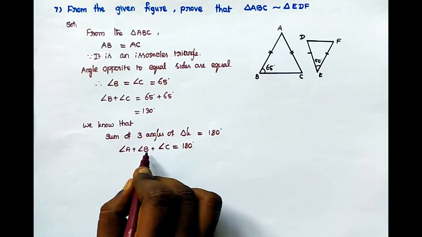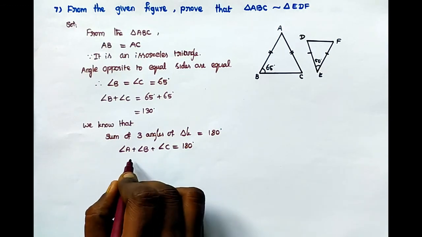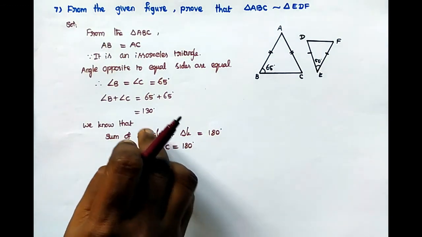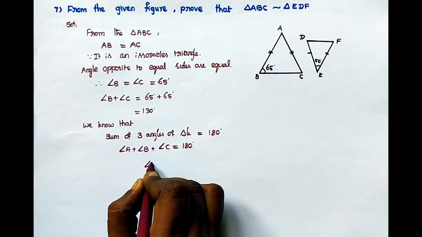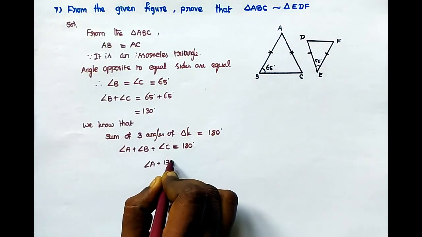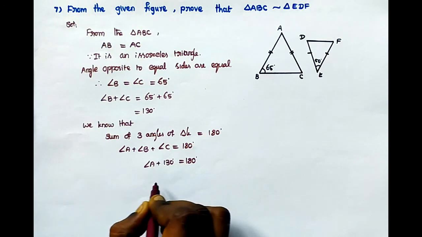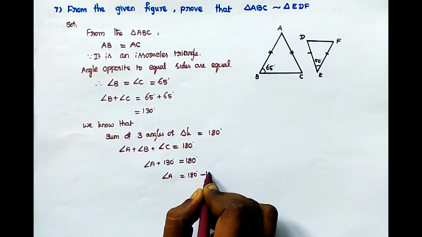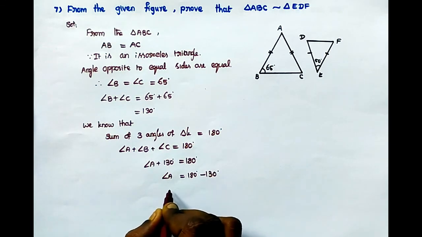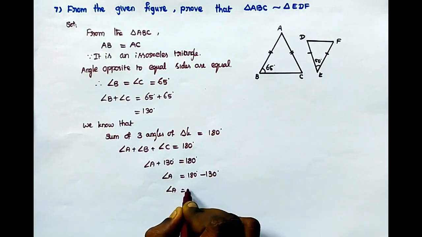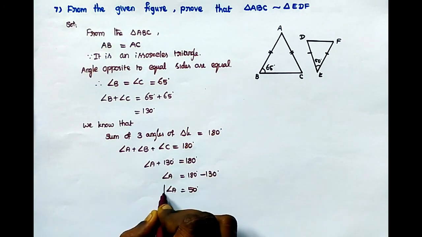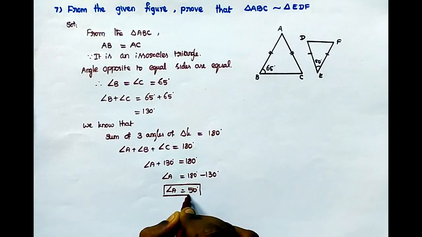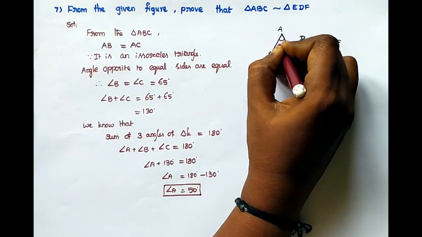Here we know that B and C, that is how much? 130 degree. So angle A plus 130 degree equal to 180 degree. So angle A equal to 180 degree minus 130 degree. Angle A equal to how much? 50 degree.